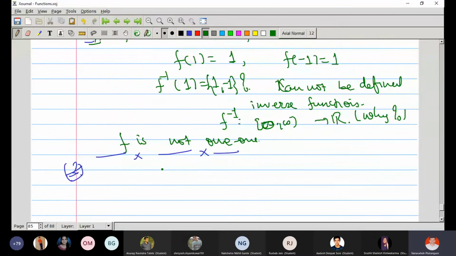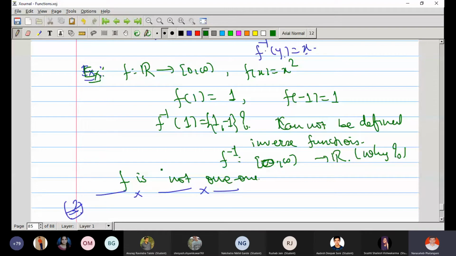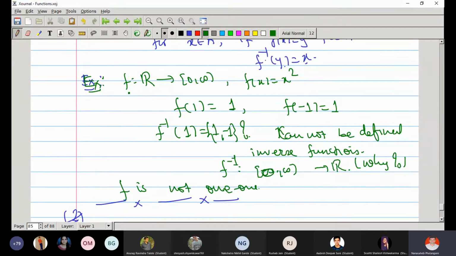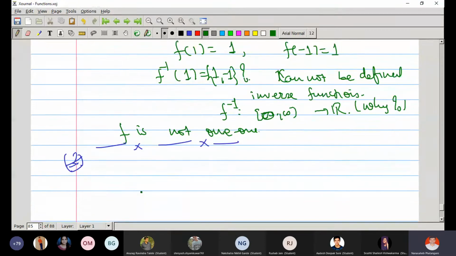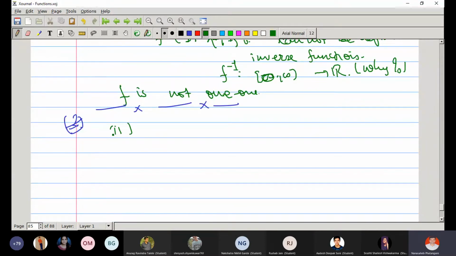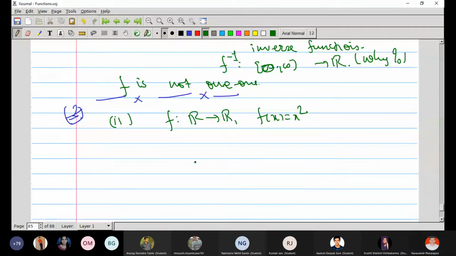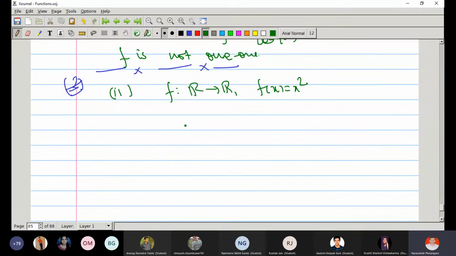Second, if I define f from R to R, f of x is equal to, not x squared, what I should say, e raised to x, for example, because I want to have some different idea.